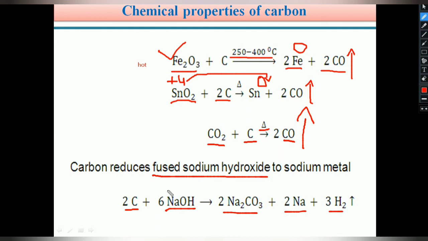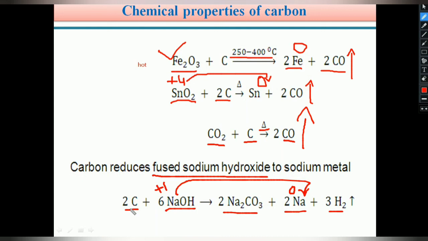See students, here the oxidation number is decreased from sodium hydroxide to sodium metal. In sodium metal, the oxidation number of sodium is 0. In sodium hydroxide, the oxidation number of sodium is +1. So here the oxidation state of sodium decreases from +1 to 0. Here sodium is reduced by the carbon. Hence carbon is called a reducing agent.